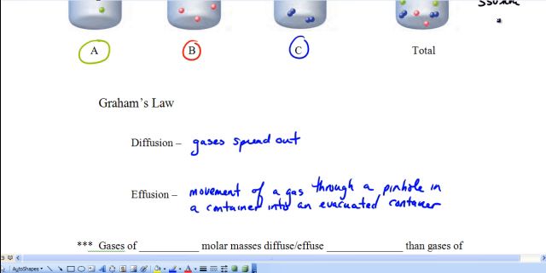Now, the reason why we talk about it in terms of effusion is that diffusion is very complex, because if you have a person standing right here and another person standing right here, let's just say that this person is wearing way too much cologne, so that smell is really coming off of them.